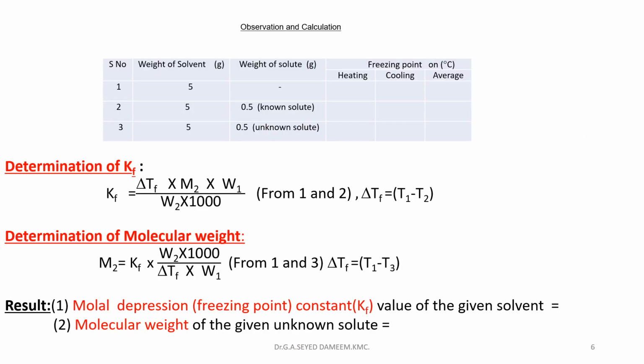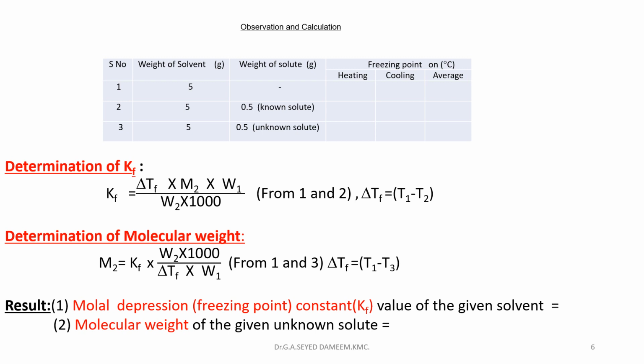This slide shows the observation and calculation and the tabular column, with the freezing point of pure solvent on heating and cooling, and the average is recorded. Similarly for the mixture, that is the weight of solvent plus a known weight of solute, 0.5 gram of known solute, and also for the mixture containing solvent and unknown solute.